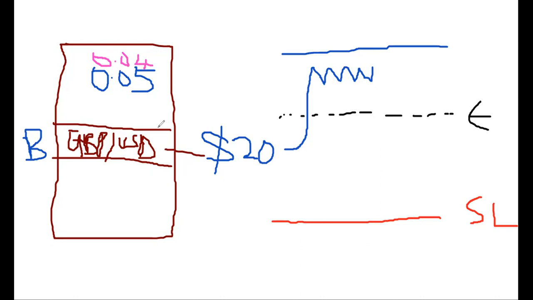Once she changes this to 0.04, guess what? This amount she's having as $20 at the moment, you will see something like $16. If she's having $16 at the base, you will see something like close with profit.